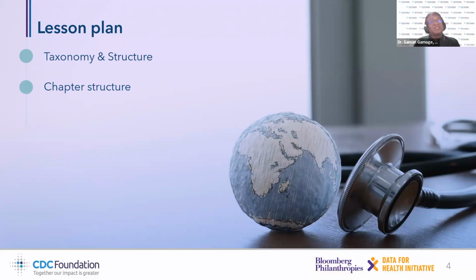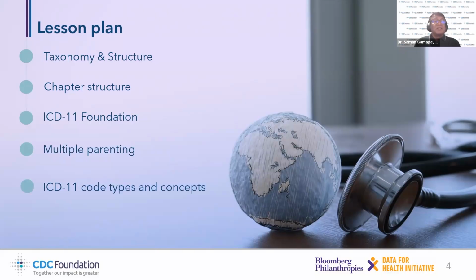I will repeat chapter structure today as well. Those who joined last time, you remember I discussed the chapter structure, and this will be a reminder of chapter structure and code structure. Then we will talk about the ICD-11 Foundation, multiple parenting, then ICD-11 code types and concepts.